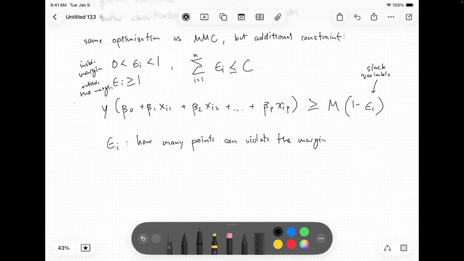So this would be misclassified. And C is our budget for number of epsilons that violate the margin.